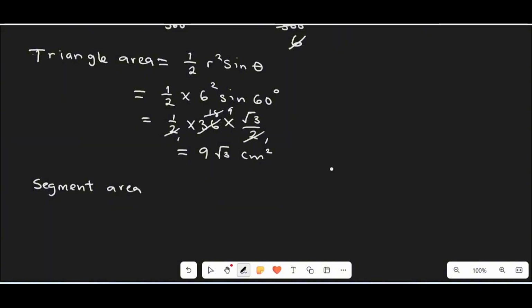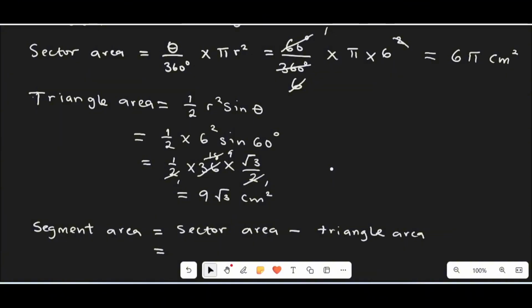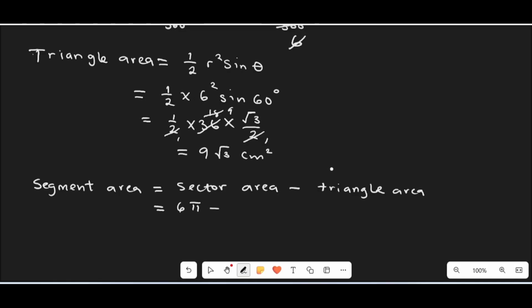Segment area equals sector area minus triangle area, which equals our area of sector, 6 pi, minus 9 root 3, everything centimeter square, or approximately 3.26 centimeter square.